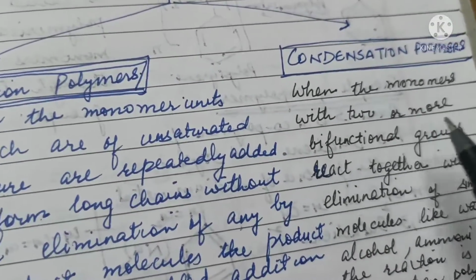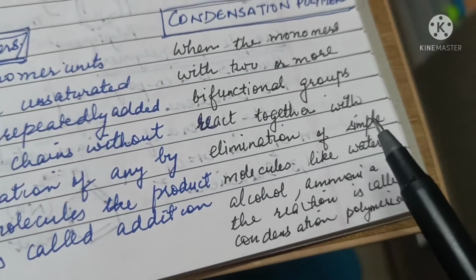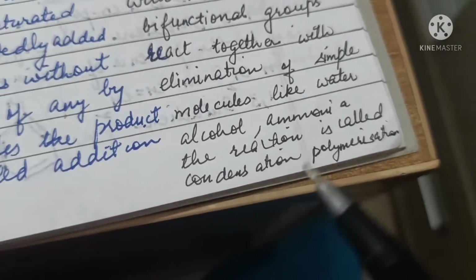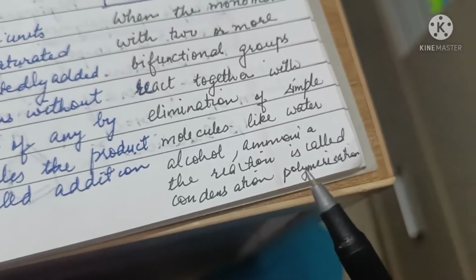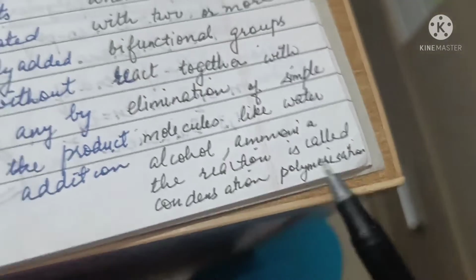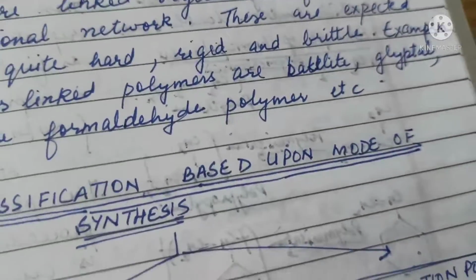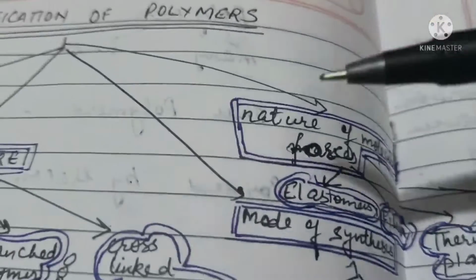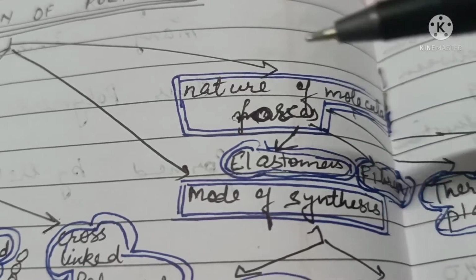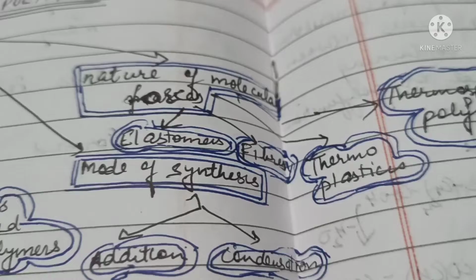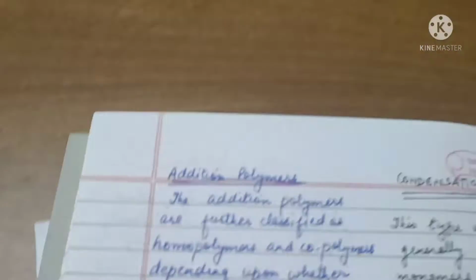And when the monomeric units with two or more bifunctional groups join together with the elimination of simple molecules like water, alcohol, ammonia, the reaction is called condensation polymerization, and the polymer formed is called a condensation polymer. And based on the nature of molecular forces, we can classify into elastomers, fibers, thermoplastics, and thermosetting polymers.